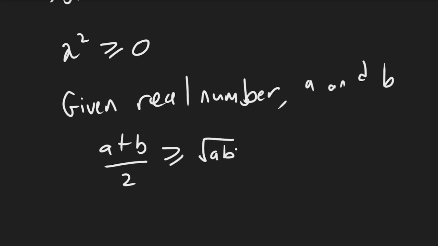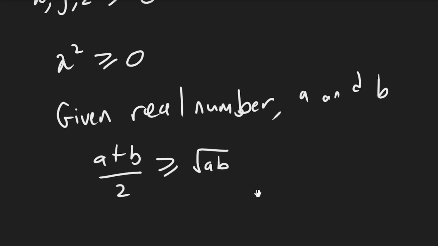This is what we call the arithmetic mean and geometric mean. The arithmetic mean, which is the middle point between A and B, is greater than or equal to the geometric mean, which is the square root of the product of A and B. This is a very common and powerful inequality, and most of the inequalities are based on it.